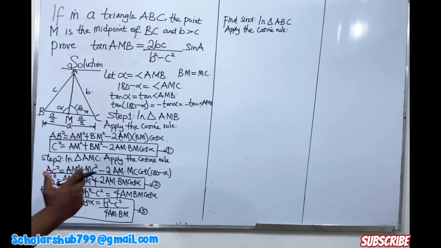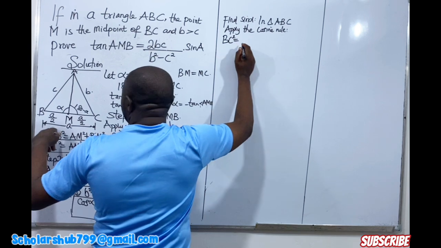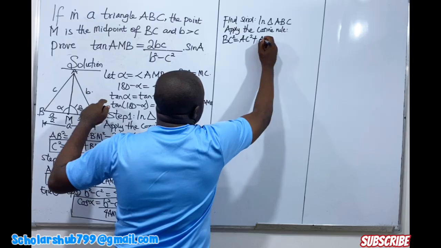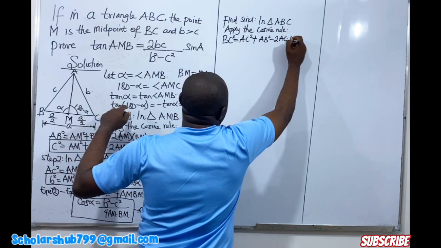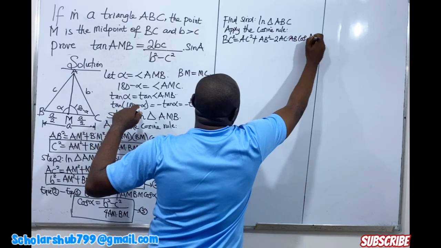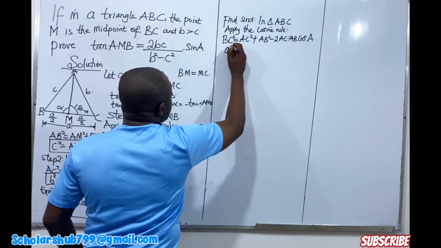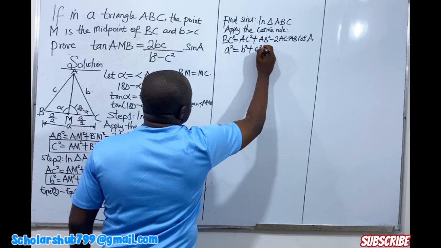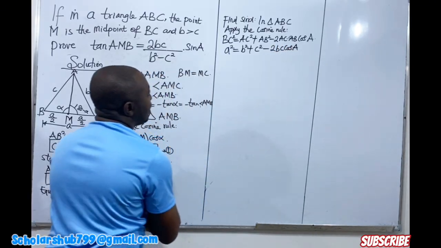So I want the angle at A. For angle at A, that will be BC squared equals AC squared plus AB squared minus 2 AC multiplied by AB, then cos A. BC is a, so this will be a squared. AC will be b squared, then plus c squared minus 2bc cos A.